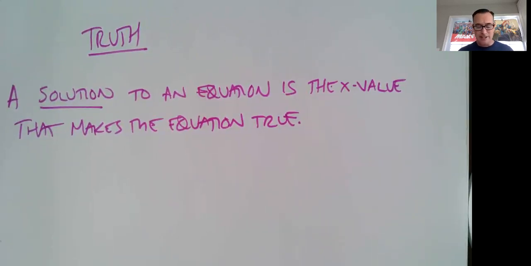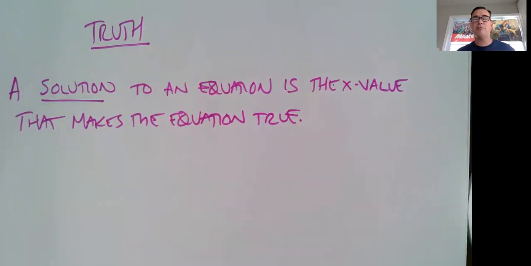If I have the number 3, it's either equal to the number 3 or it's not. There isn't a whole lot of, well, it's kind of equal. No, 3 is 3. 7 is 7. 15 is 15. There's not a whole lot of wiggle room for whether this is right or not.